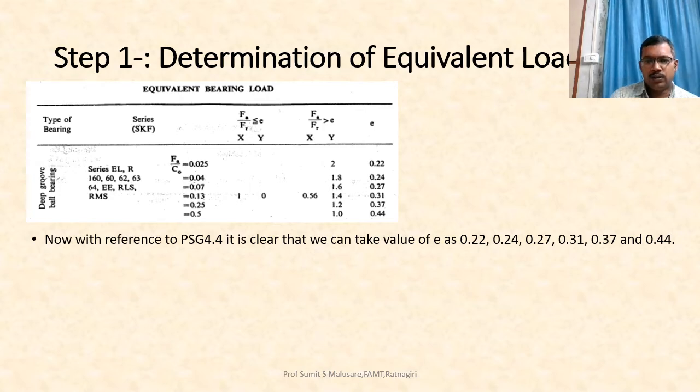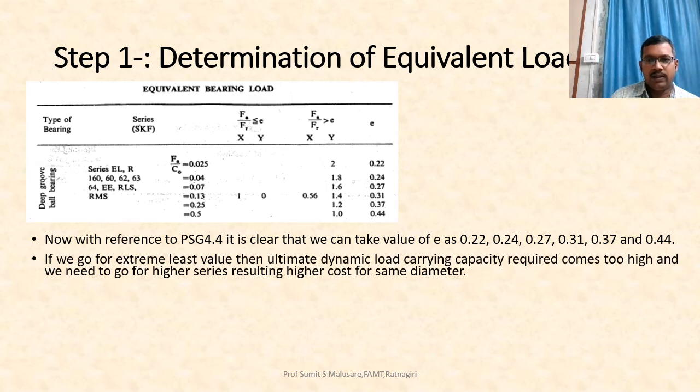So what happens if I consider the extreme value? If I consider the extreme lesser value, E equal to 0.22, then X comes out to be 0.56 and Y comes out to be 2. It means that the value of P effective will be higher, resulting in a higher dynamic load carrying capacity. It means that some bearings may not fit our criteria.